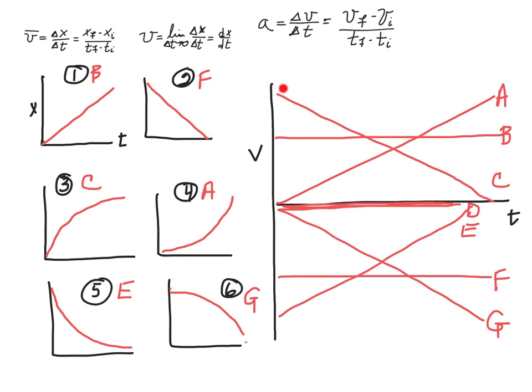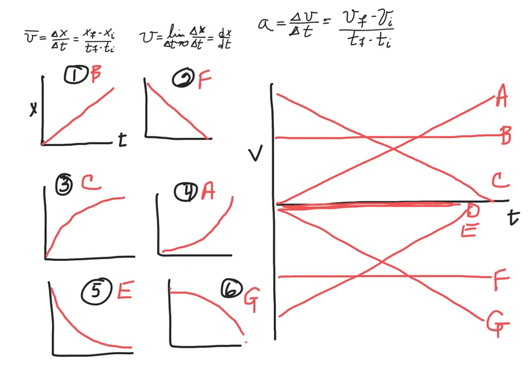C starts with a big positive velocity and the velocity goes to 0. So here the velocity is the slope, so it starts with a big positive slope, and the slope gets less and less and goes to 0. But these are all positive slopes. That one's tricky, I thought.